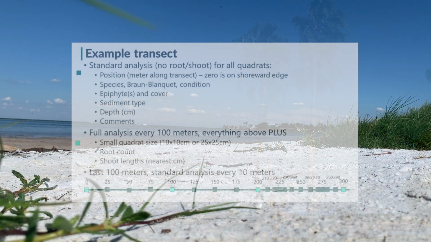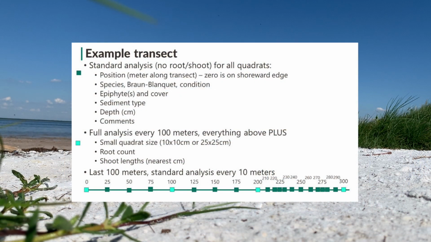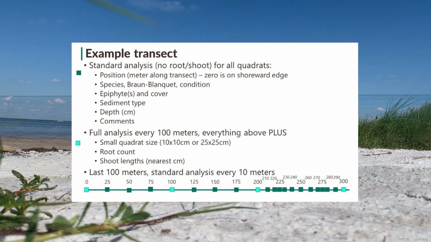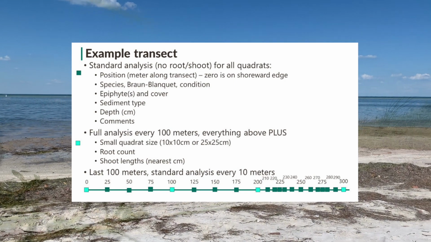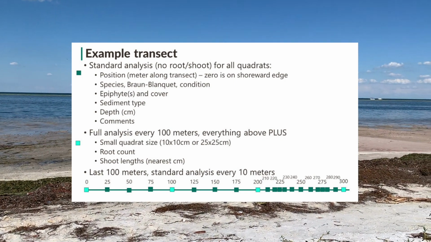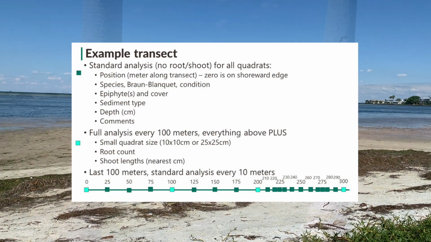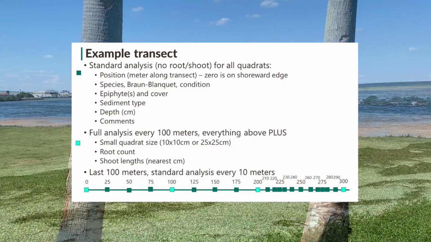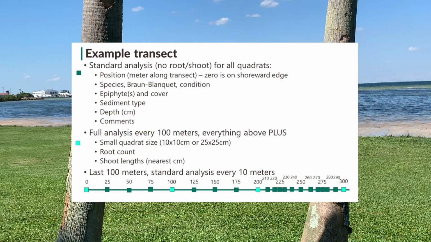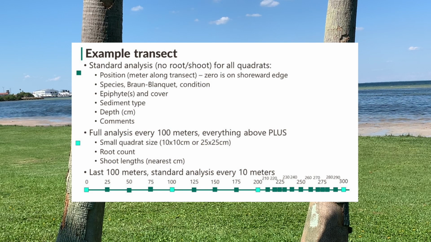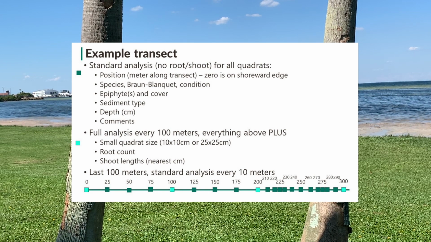At each 100-meter mark, 100 meters, 200 meters, and so on, also do the short shoot density count, 3 for each species, using the small quadrat, and blade length measurements, 5 for each species. When you get to the last 100 meters of the transect, starting at a round number such as 400 or 500, the regular assessments should be conducted every 10 meters, but also include the 25 and 75 meter assessments.